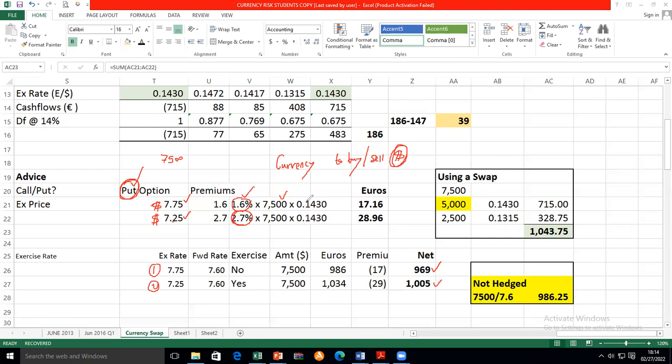To convert them to euro, you multiply by this rate here. Questions.